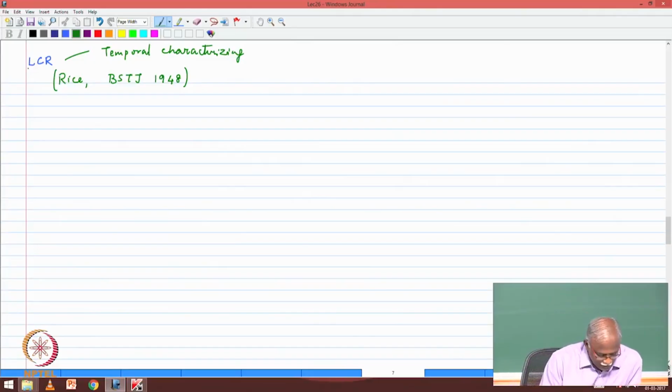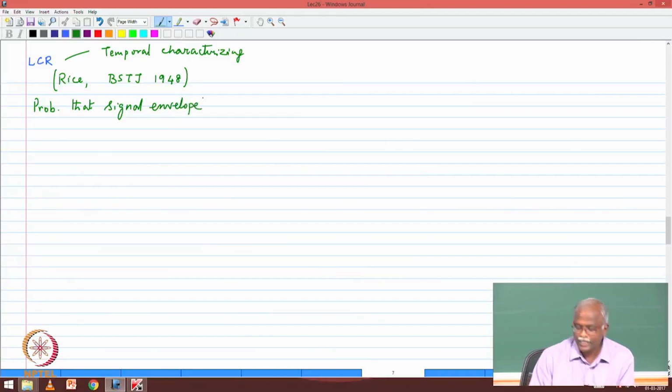The problem that was posed by Rice is, what is the probability that the signal envelope, always we are talking about the envelope here, we are not talking about SNR, which is a complex Gaussian random process with Rayleigh statistics, lies in an interval which is bounded by V and V plus dV.